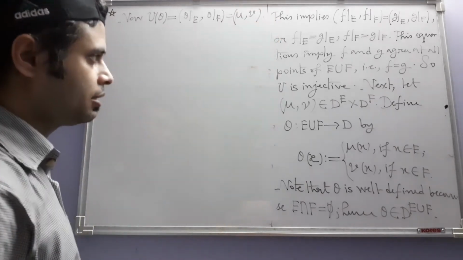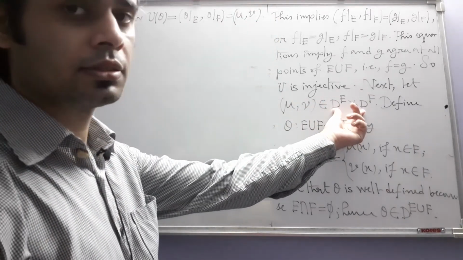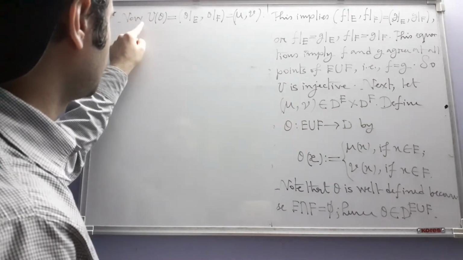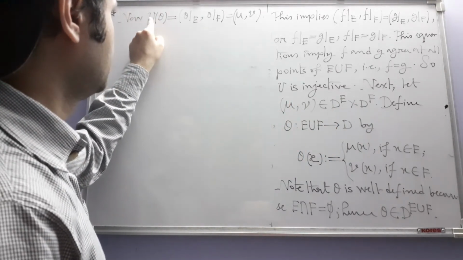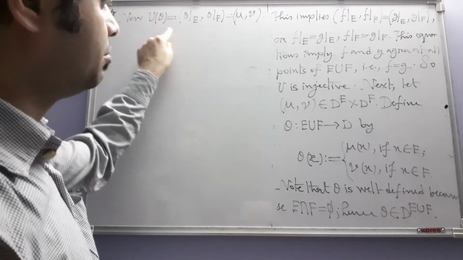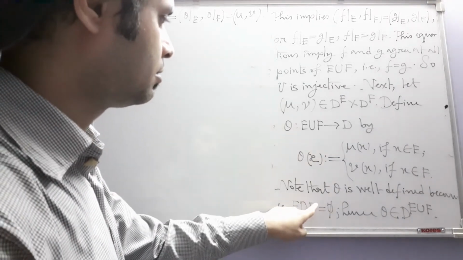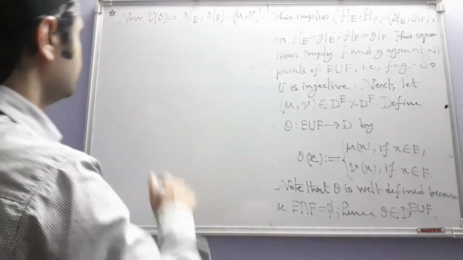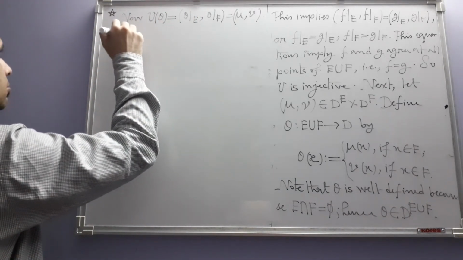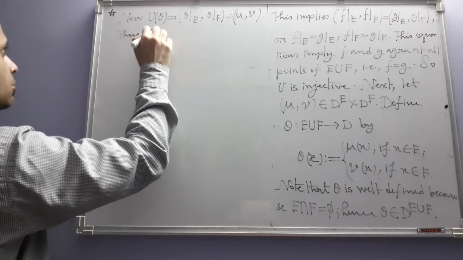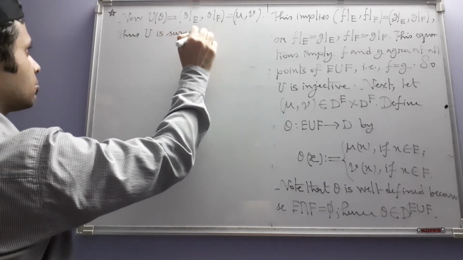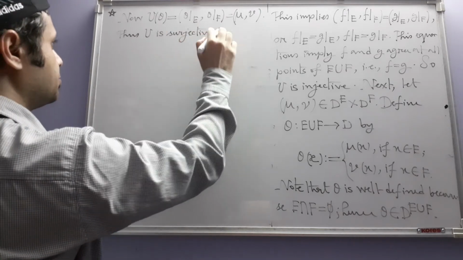So the arbitrary element we have chosen in the range of U has now been expressed as a U image of some element theta in the domain of U. Thus, U is surjective.